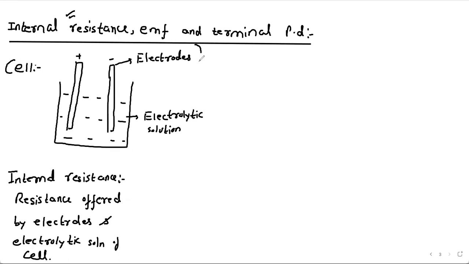So the resistance offered by the electrodes and the electrolytic solution of the cell is known as internal resistance. That's the internal resistance of the cell.